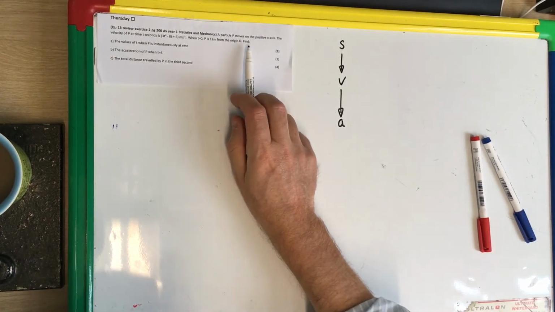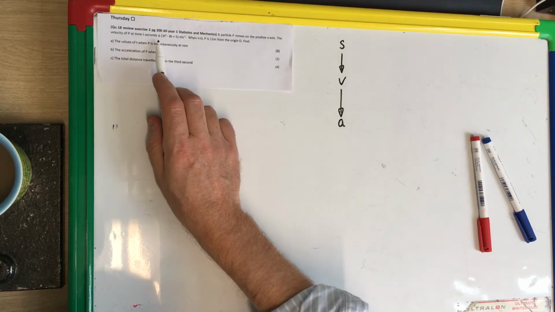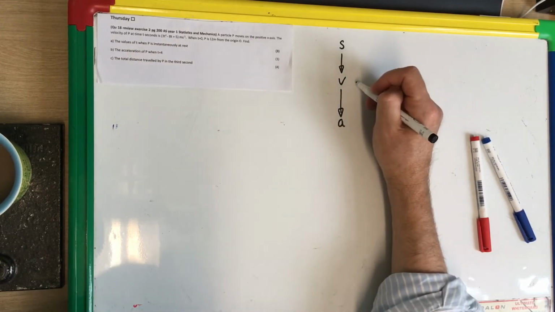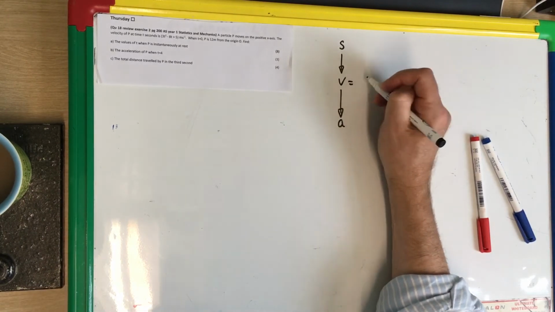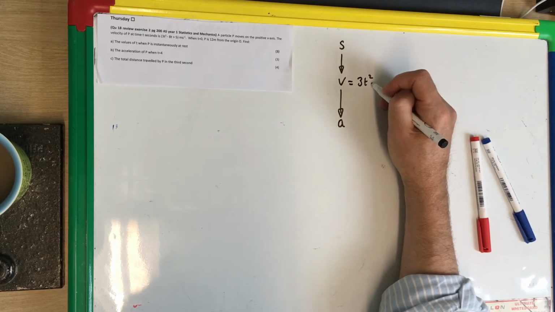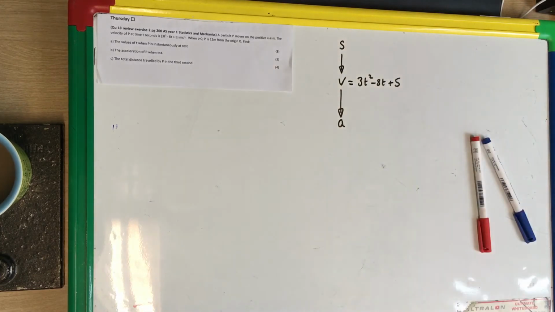A particle P is moving along the x-axis. The velocity of P at time t seconds is this here. So it's given us the velocity, which is equal to 3t squared minus 8t plus 5. That's the velocity, okay?